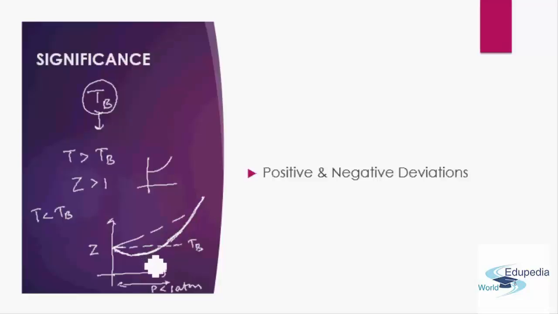So the significance of Boyle's temperature is, if temperature is high enough, TB values are usually high values for that gas, it will show ideal behavior, but if you further increase the temperature from that high value of TB, it will show positive deviation. And if you decrease the temperature to lower than the TB value, then the gas will show a complex behavior, where it initially shows negative deviation for low pressures, but then for high pressure it shows positive deviations.